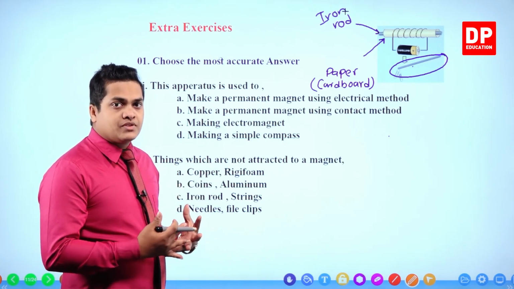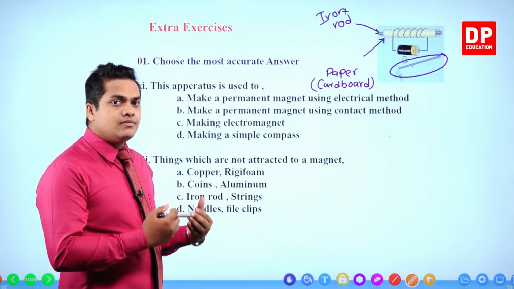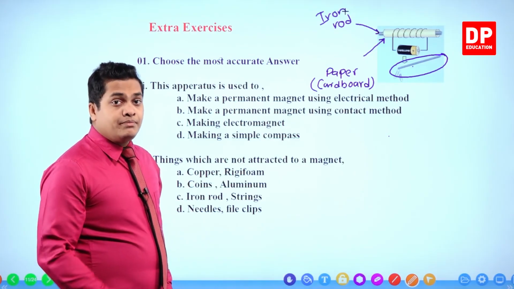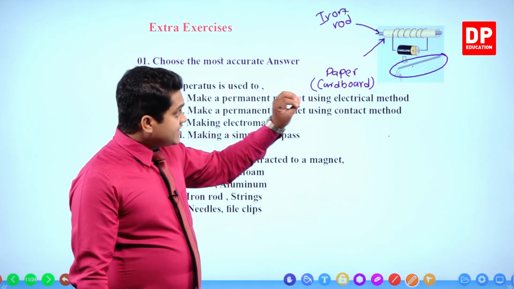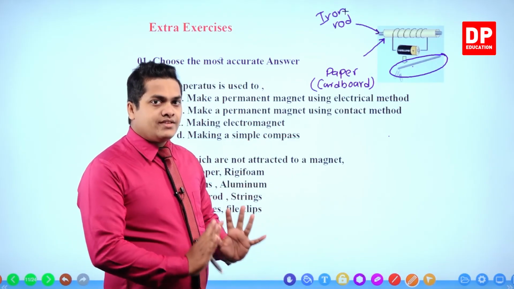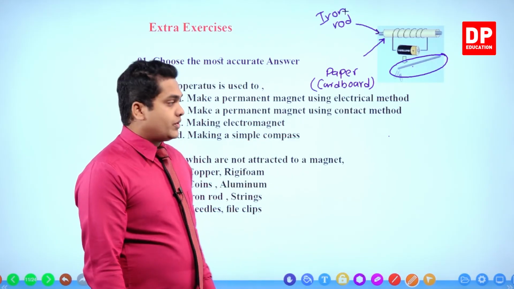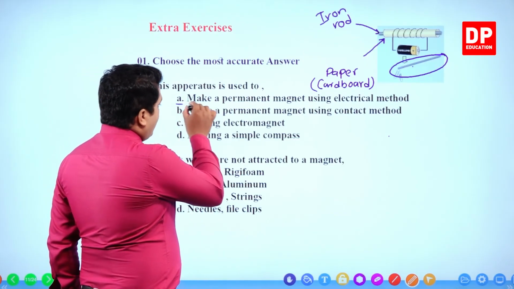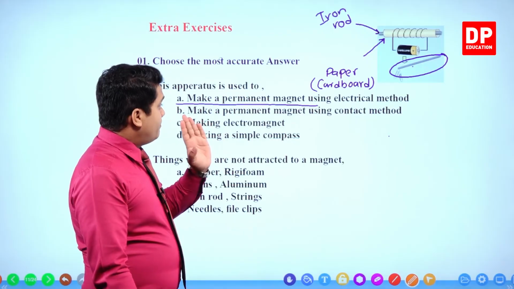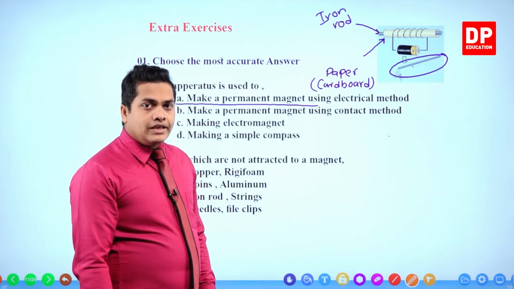We supplied electricity to create a magnet. This is a permanent magnet because after disconnecting the electricity, the magnetism remains in the iron rod. So here we have made a permanent magnet by using the electrical method.